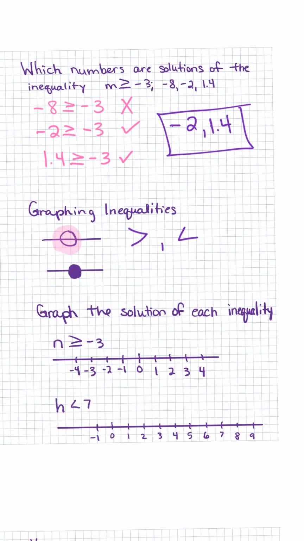If it is greater than or equal to, oh sorry, I should do that the same way, or equal to, either way, if it has that line below it saying that it's equal to, then it's going to be a closed circle.